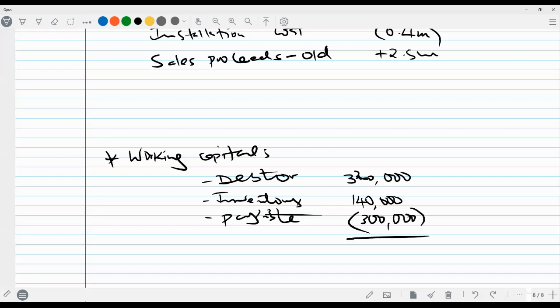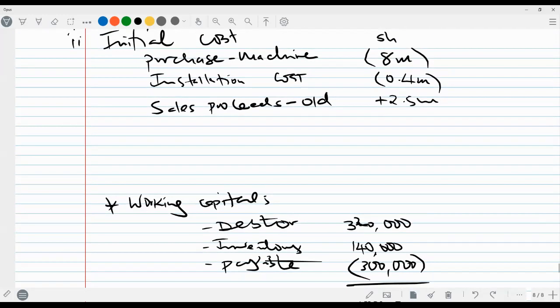Therefore, net working capital gives us 160,000. So here we need to invest in working capital, a cash outflow of 160,000, because you are paying for inventory and debtors, less the amount you'll be receiving from your suppliers, to give us 160,000.